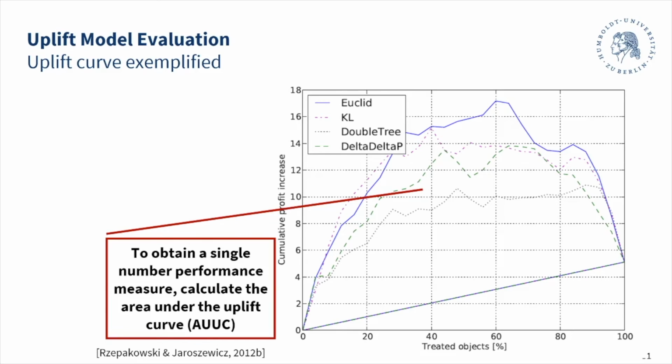And then at this point here, for example, you have one particular type of model, double tree, whatever that is, doesn't matter. You have this value, it's the cumulative profit increase, says the y-axis. Cumulative profit increase, that's the uplift in profit.